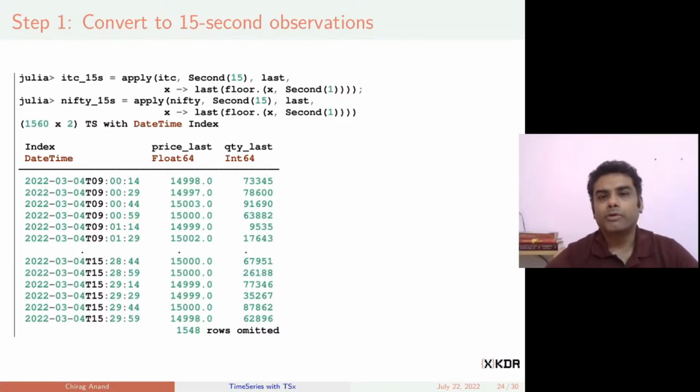Here we are taking the last second of the observation, because our data is at millisecond level, but now we are converting it into second level, so the index values should be at the second level. I'm sure there are better ways to do it, and we will work on this to make it much more convenient, as this is a slightly more complicated expression to achieve this.